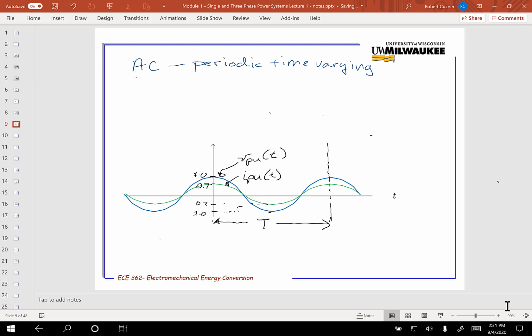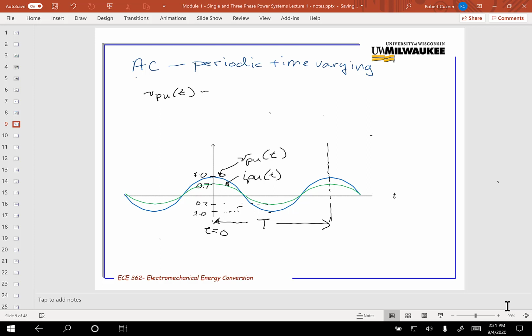So, cleaning things up again and looking at this same waveform, we can actually write an expression for V pu and I pu. And the V pu expression, it's sinusoidally varying, right? And if we look at this, if time t equals 0, then we're going to encounter the peak when t equals 0.